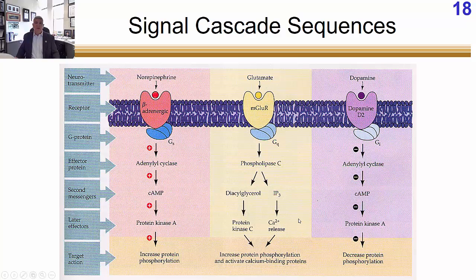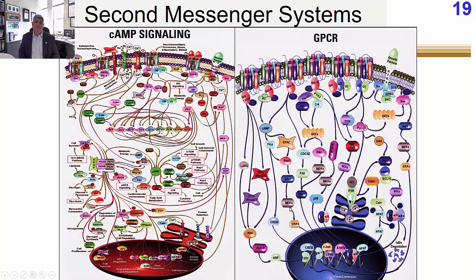Both of those then can result in changes in the cell membrane structure. And so in LTP, when we're adding additional synapses, when we're adding other receptors, we are activating pathways similar to this.